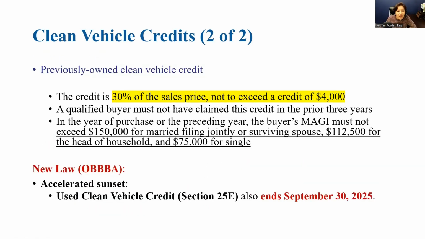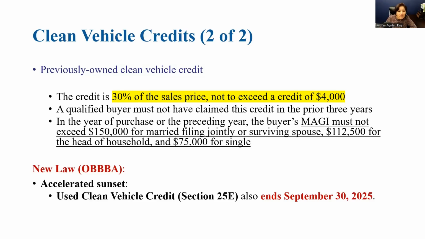Okay, we also have the previously owned clean vehicle credit. This was 30% of the sales price, not to exceed a credit of $4,000. A qualified buyer must not have claimed this credit in 3 years.